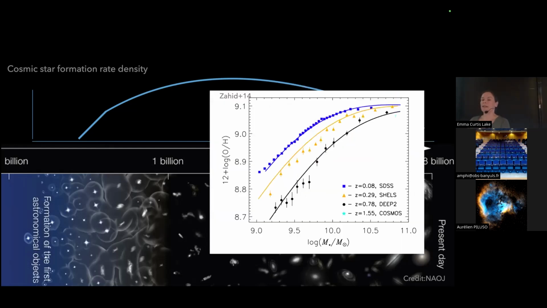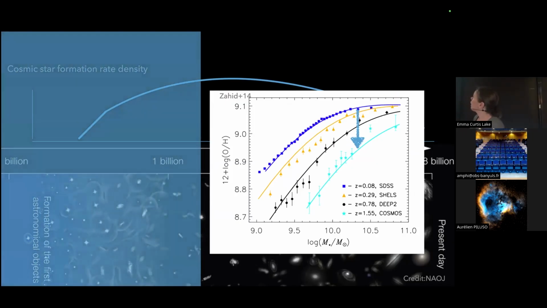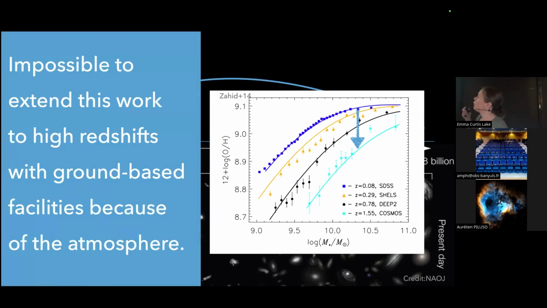This has been looked at to higher redshifts, pre-JWST, with strong evolution in the mass metallicity relation, but we were completely limited because we couldn't go to high redshifts, because we couldn't access the rest frame optical from the ground. The atmosphere gets in the way.